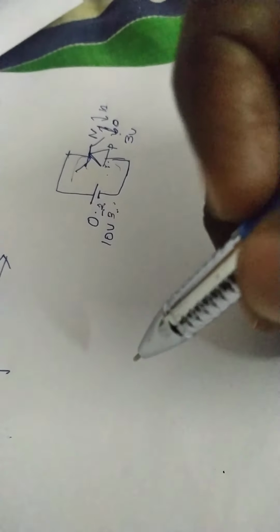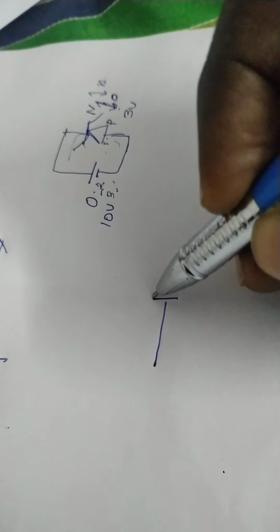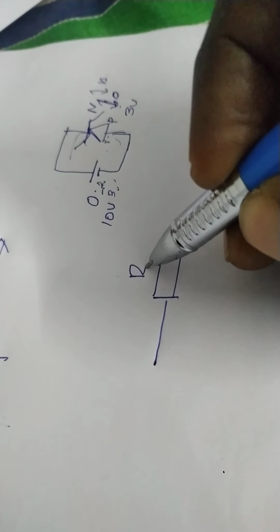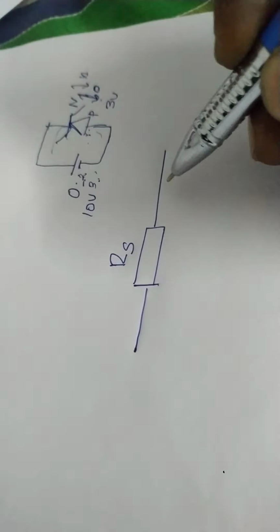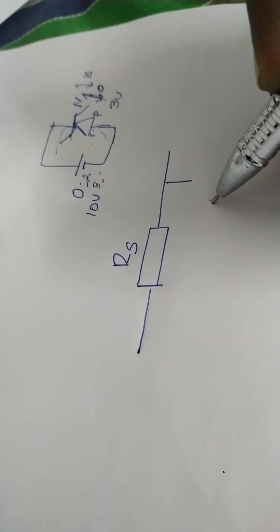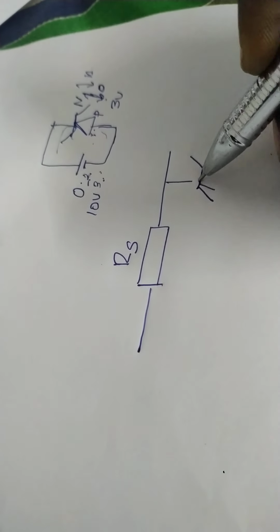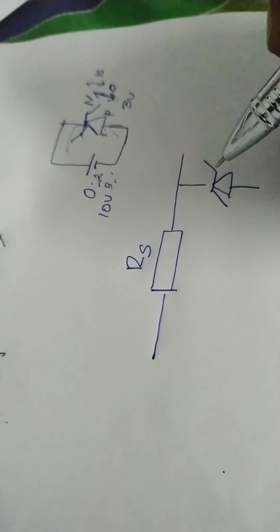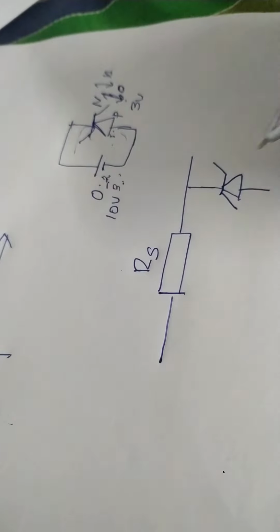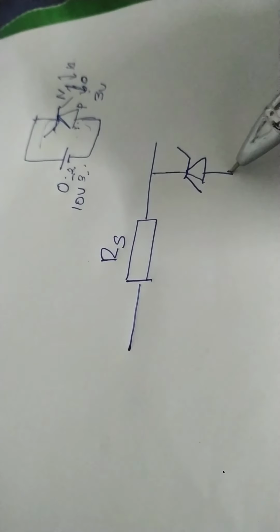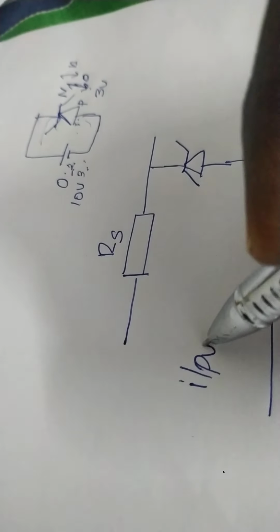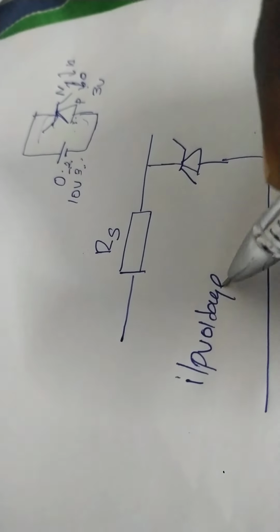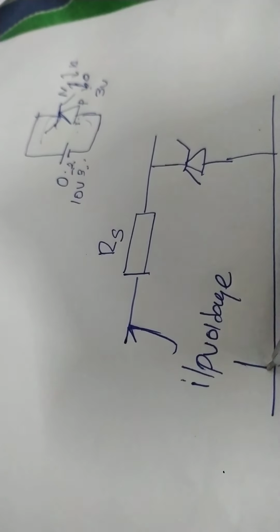So a simple voltage regulator circuit using the Zener diode is simply a resistor Rs. Then here the Zener diode is connected in reverse bias condition. Here we apply the input voltage.